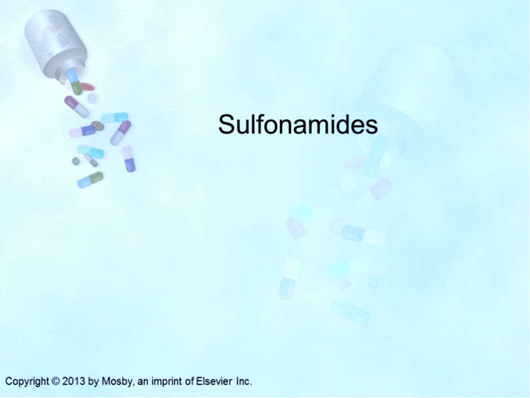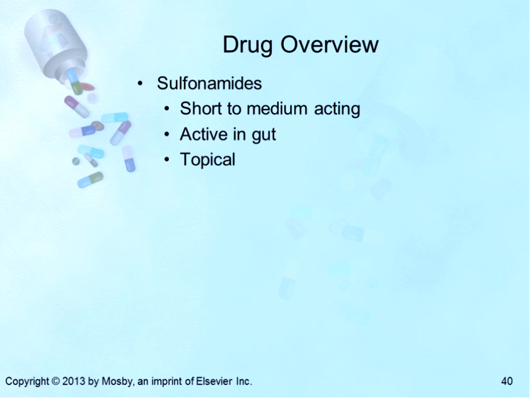So let's move on to the sulfa drugs, sulfonamides. The sulfonamides have a wide antibacterial spectrum that includes both gram-positive and gram-negative organisms. They're most commonly used for urinary tract infections.